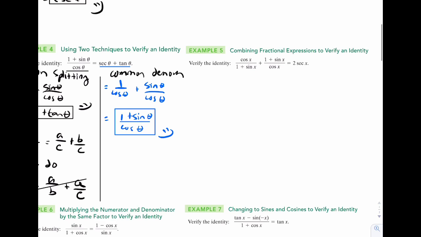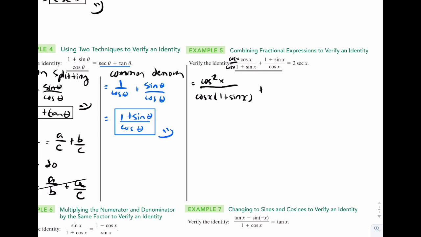Okay, here we have a much more complex example. So we're going to have to use a bunch of techniques here. So first, let's pick the left side. I'll put a separator for you. We're going to need a common denominator, so let's just multiply this left side by cosine over cosine. So we get cosine squared x over cosine x times 1 plus sine x.